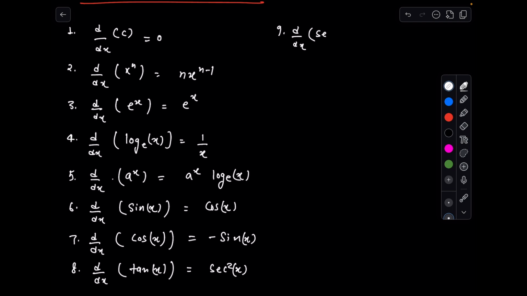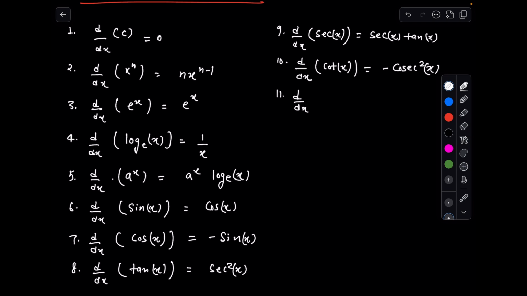Then differentiation of secant x is secant x tan x. Then differentiation of cot x is minus cosecant square x. Then we have differentiation of cosecant x, which is minus cot x cosecant x.